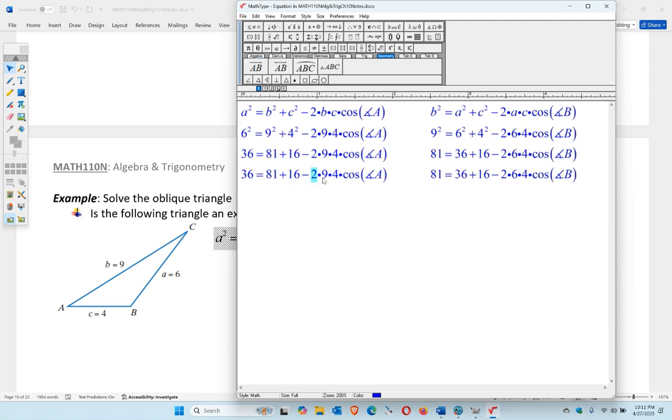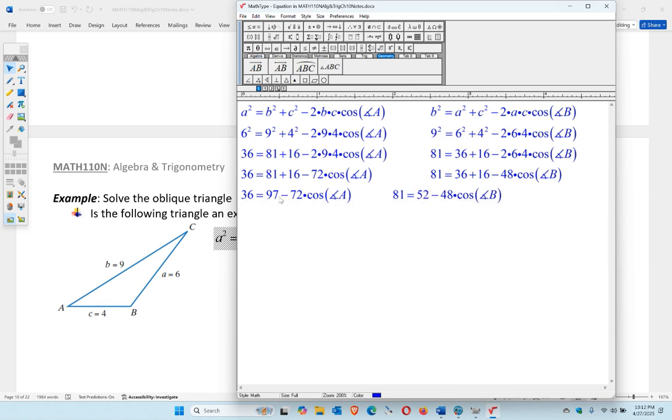So 2 times 9 times 4 is 72. 2 times 6 is 12, times 4 is 48. Then we can do the addition. So 81 and 16 is 97. And then 36 plus 16 is 52.